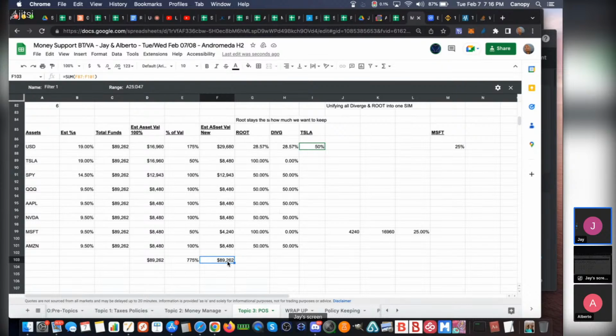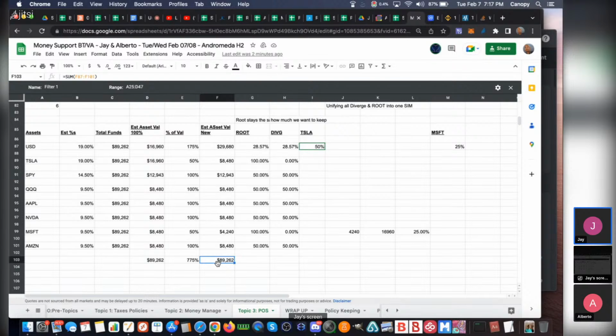Because we did the exact perfect calculations: Tesla is 50%, Microsoft is 25%, so the total is 175% of US dollar value. Yeah, we moved the assets from one point to the other. Yeah, exactly. That's all we did.